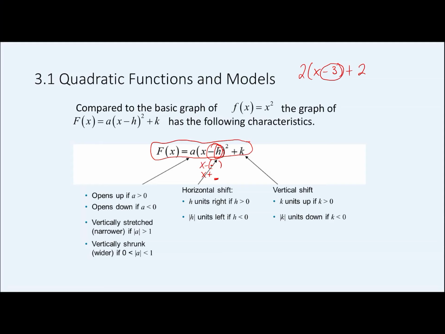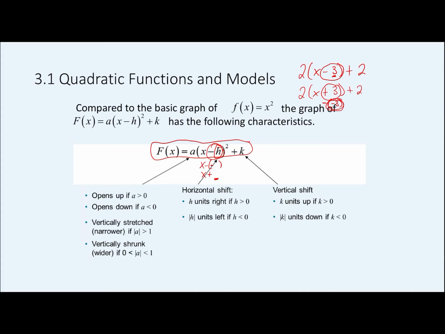If you look at this number originally, let's say, just to give you an example, if the equation was that, for example, well, this -3 tells us we're going to shift the opposite of what you would think. You might think you go left, but you actually go right, because our form is x minus that number. So it's x minus 3. 3 is actually what we're looking at that says go right.